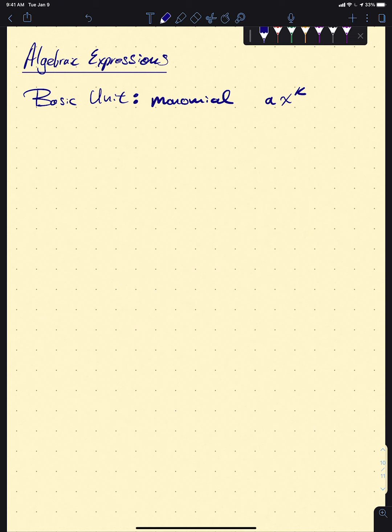These basic monomials are the building blocks of our expressions. If I combine two of them, I get a binomial. Combine three of them, you get a trinomial. You combine an arbitrary number of them, we'll get a thing called a polynomial.